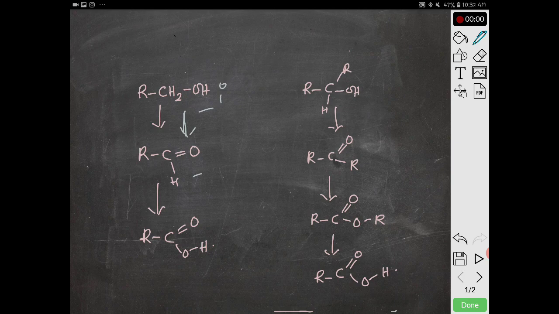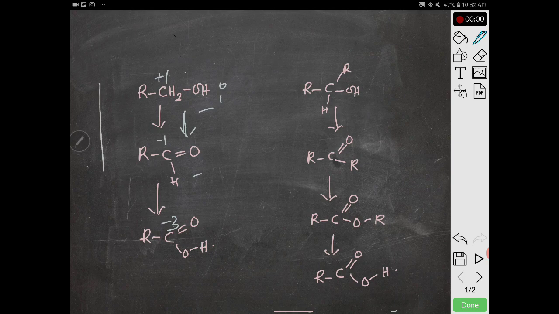Yes, when you remove hydrogen, it is oxidation, or you can even look at the oxidation number. The oxidation number for this carbon atom is +1, for this carbon atom it is -1, and for this carbon atom it is -3. You can see a clear sequence of reducing oxidation number of the carbon atom where the functional group is attached.